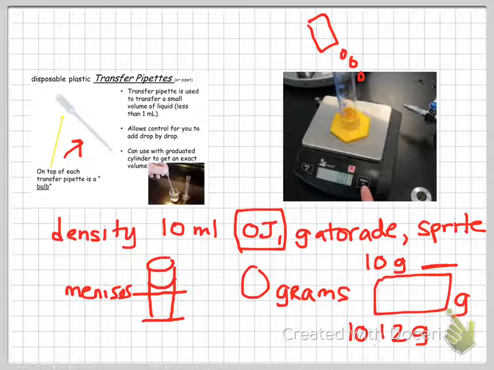So the first step in your data table, you're going to record the mass of 10 milliliters of orange juice, the mass of 10 milliliters of Gatorade, and the mass of 10 milliliters of Sprite. So determine the mass of 10 milliliters of each of those beverages.